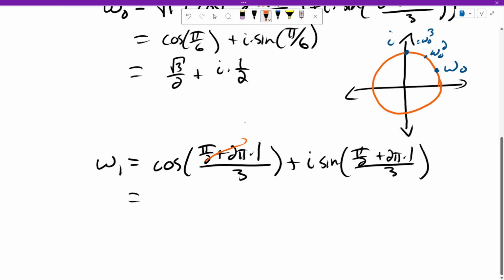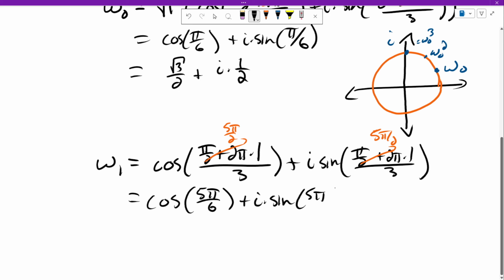Pi halves plus 2 pi is 5 pi halves, and we divide that by 3. So that's cosine of 5 pi/6 plus i sine of 5 pi/6, which is equal to negative root 3 over 2 plus i times a half.